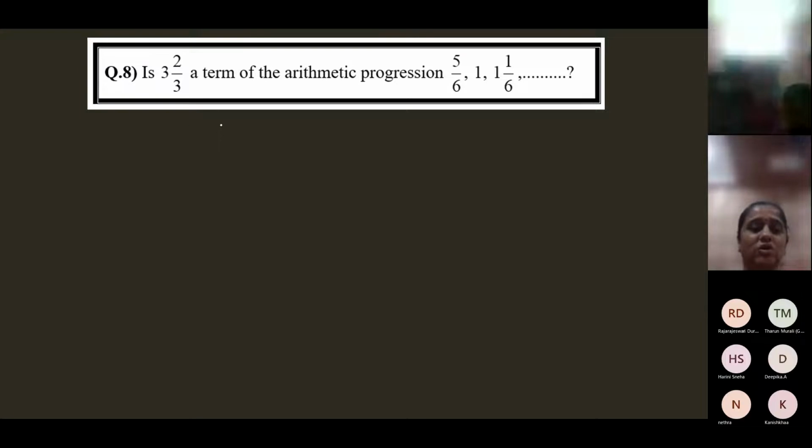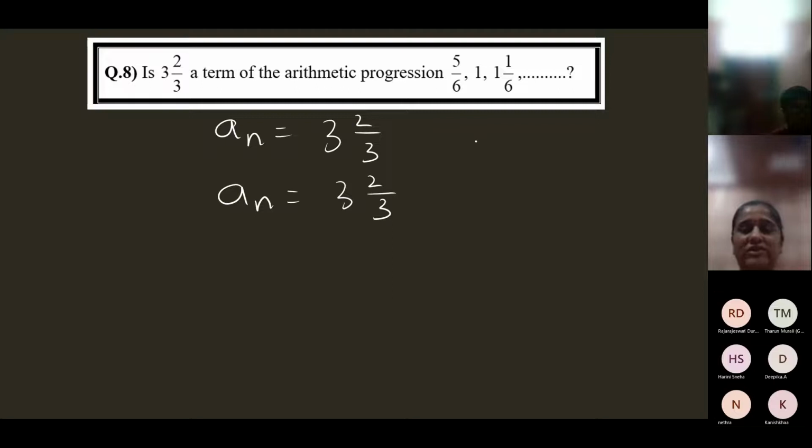So that means you don't know if an is equal to 3 2/3. You're just assuming. Okay, let us suppose that some nth term is 3 2/3. We'll just assume that some nth term, 10th term, 20th term, 25th term, we don't know.